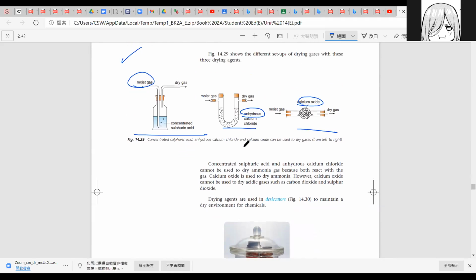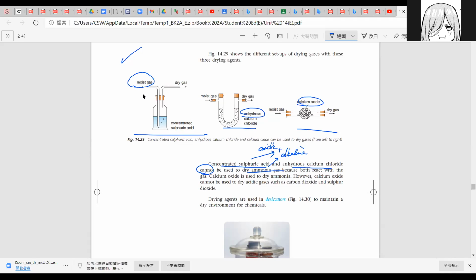But remember, not all gases can be dried using this. For example, concentrated sulfuric acid cannot be used to dry ammonia gas because there is a chemical reaction. Ammonia gas is an alkaline gas, while concentrated sulfuric acid is acidic, so it will react.